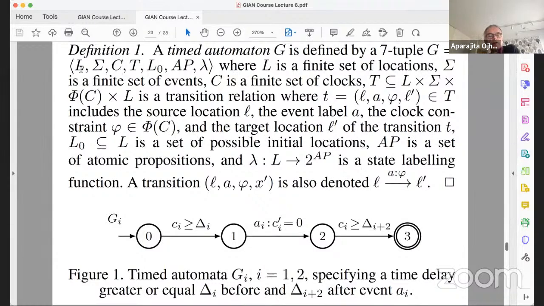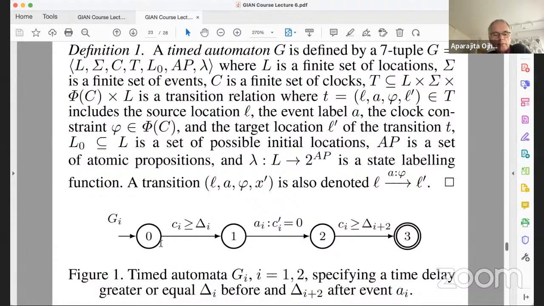What is added is the set of clocks, and for the rest there are some specific guards and restrictions on the clocks that are included in the transition conditions. So a transition condition is that you are now in a location L, you make an event A, you have some clock constraints described by phi, and then you go to the next location L prime.